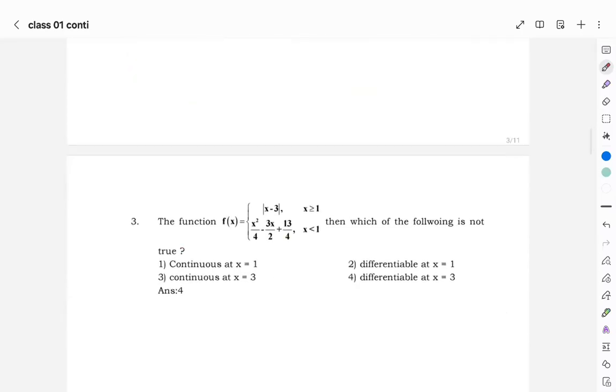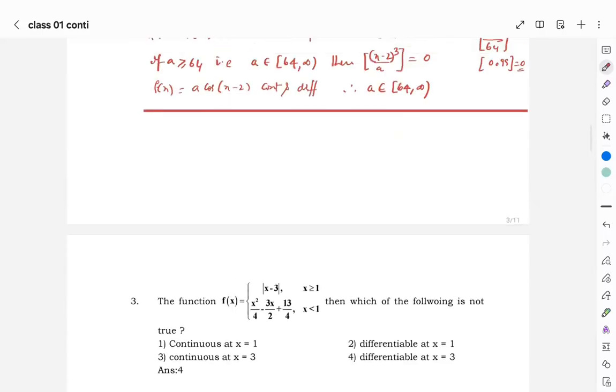So now let us see this particular question. Here, first, you should know how to sketch the graph. Mod x graph will be like this. So mod x is defined as plus x for x greater than or equal to 0.